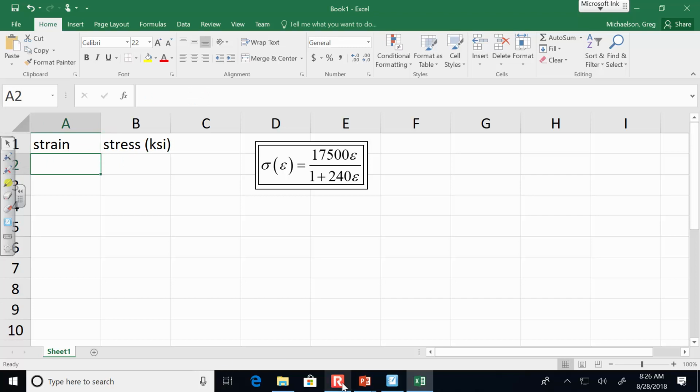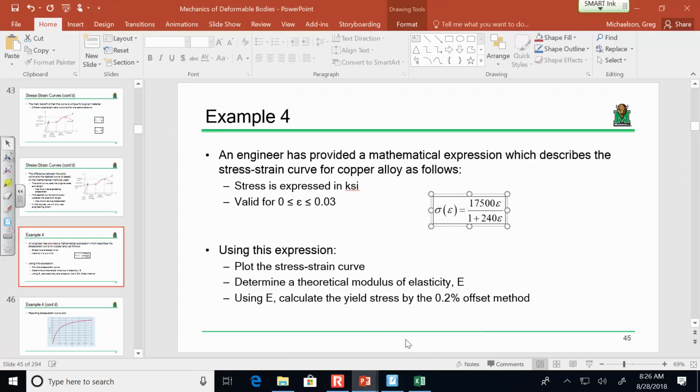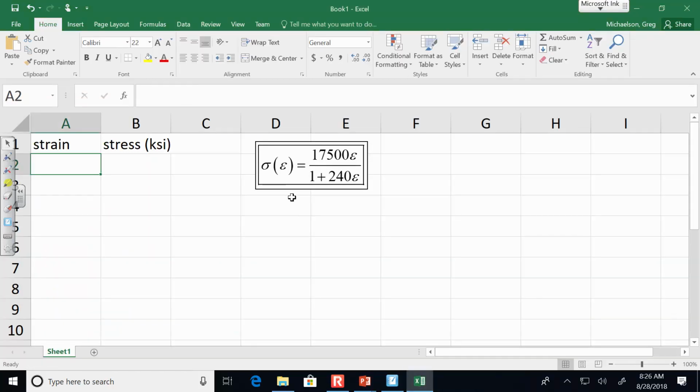Now, the problem states that this curve is valid from a strain of 0 to a strain of 0.03.